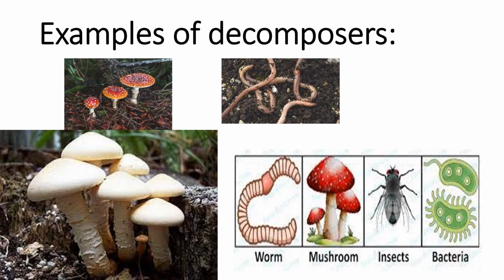So these are just some of the examples of decomposers that we're talking about. Okay, so again, what is a decomposer? A decomposer is any bacteria and fungi that grows from the dead body of animals. Okay, so the examples are mushrooms, worms, insects, and bacteria, or we have also fungi. Okay, class, so those are the examples of decomposers.